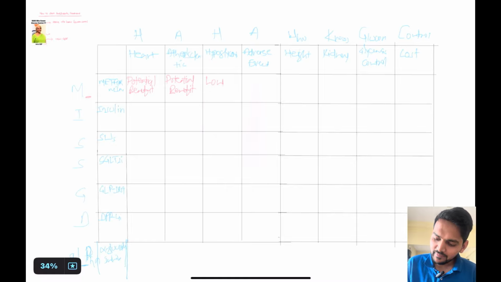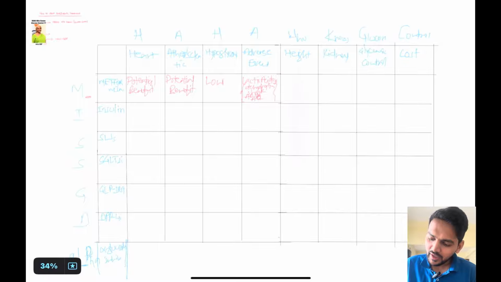And adverse events, mainly we know that it can cause lactic acidosis, especially when there is risk. For example, if there is dehydration, or the patient is in shock, or admitted for acute decompensation of heart failure, if there is AKI. So these are the conditions in which there will be already risk of increased lactic acid. So in such situations, using metformin can lead to lactic acidosis. Otherwise, it is a very safe drug.